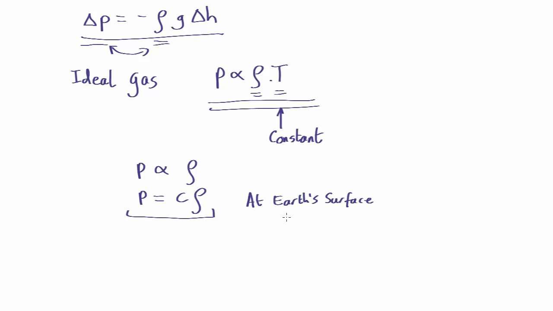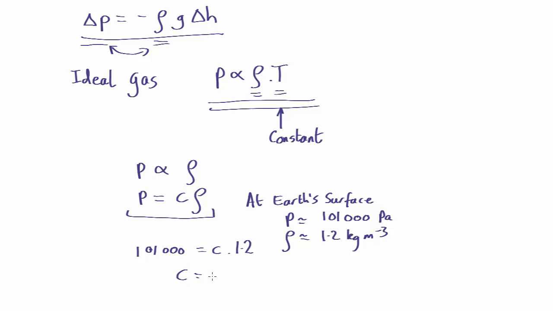And we know that at the Earth's surface, the pressure is about 101,000 pascals, and the density of air at the Earth's surface is about 1.2 kilograms per cubic meter. So if we plug those numbers in here, we end up with 101,000 equals C times 1.2.